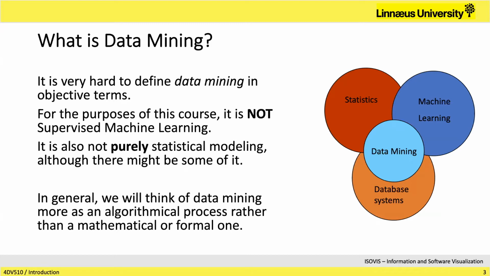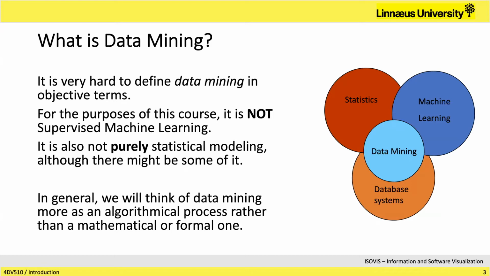It's also not purely statistical modeling, although there might be some of it. Some of the data mining algorithms have statistical underpinnings, right? Like when you assume that your data comes from a certain specific distribution, and then that informs the way that your algorithm works. Or you may have different types of algorithms for different types of distributions.